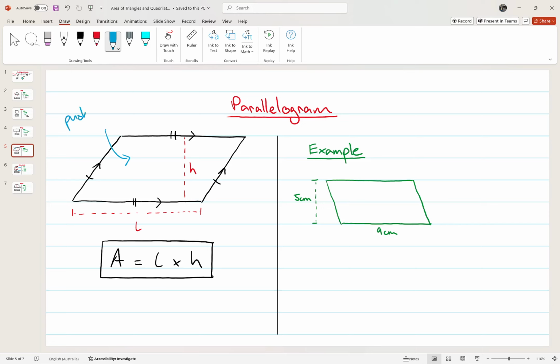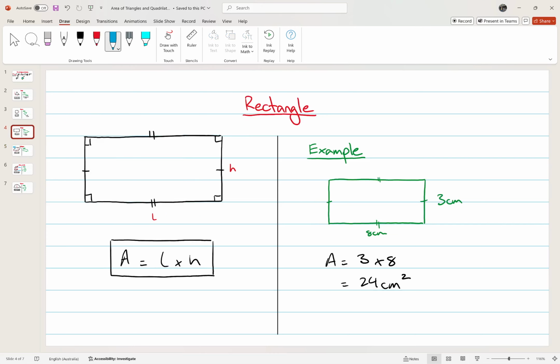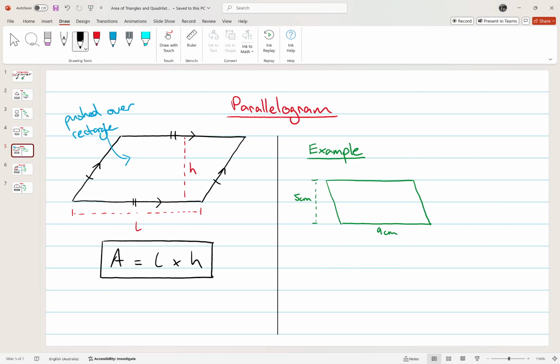So it's a pushed over rectangle. And so if we know what the rectangle was, the area for a rectangle we just saw was length times height. So this is also just going to be length times height. So in this question here, the area is going to just be 9 times 5, which equals 45 centimeters squared. That's all there is to it.